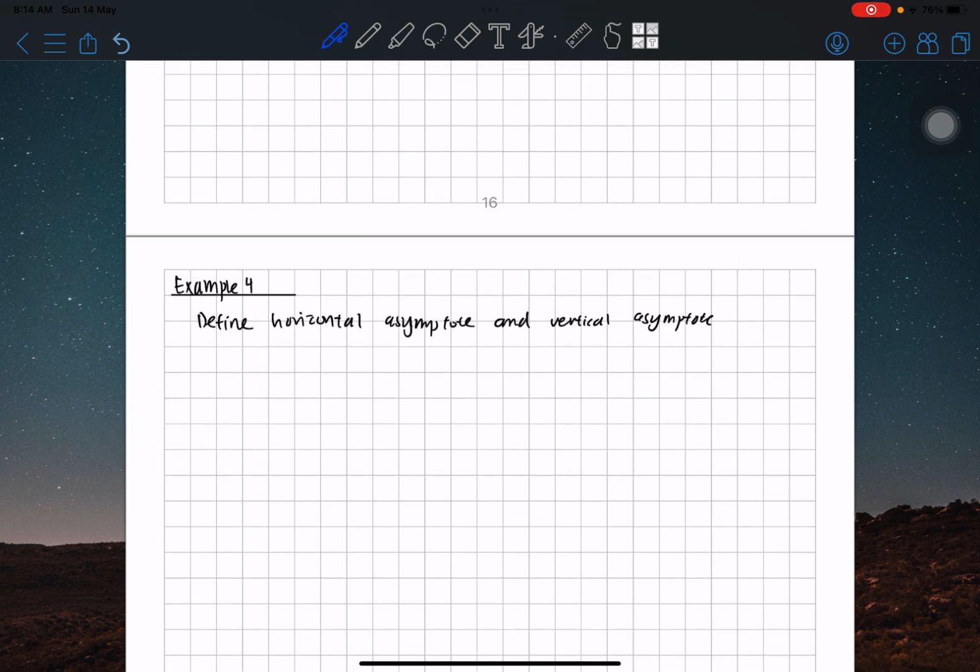Moving on, let us define what a vertical asymptote and what a horizontal asymptote is.